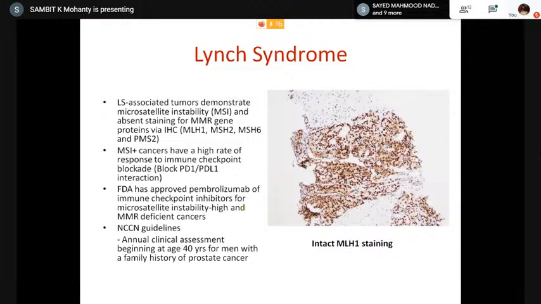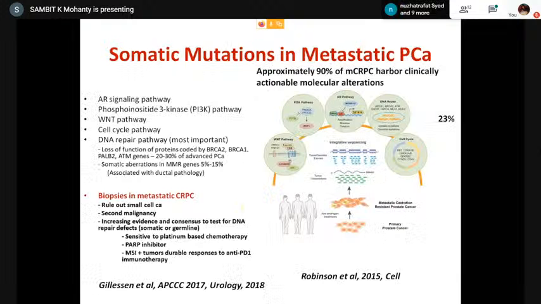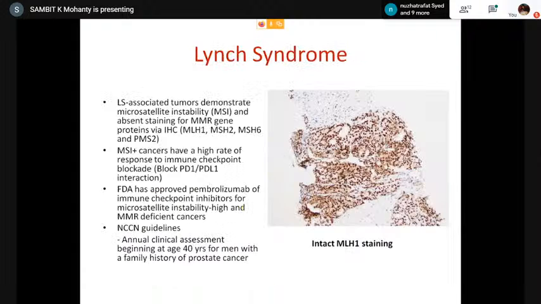NCCN says annual clinical assessment beginning at the age of 40 years by doing a PSA, at least with a family history of prostate cancer. So typically in any cancer, if the tumor is MSI high, they are more amenable to immune checkpoint inhibitors because they express a lot of PDL1 and PD1.